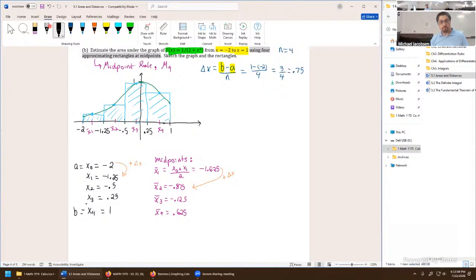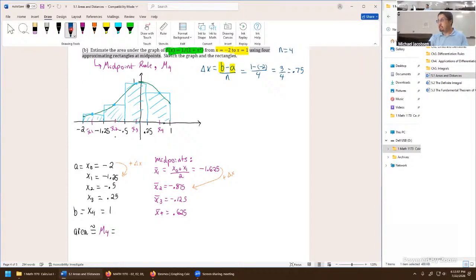First, just like we did in the last problems, I'll put down the formula for the midpoint rule, and then we'll just evaluate it. So area will be approximately equal to, and this is a decent approximation, M4.